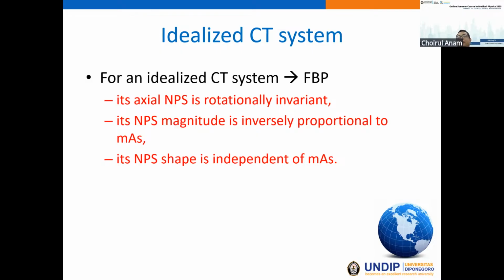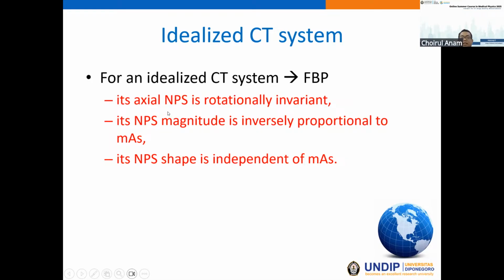The FPP can be called linear reconstruction, but the IR is non-linear reconstruction because the different MAS should have the same peak frequency, but in fact the peak frequency is shifted like this. So the IR is a non-idealized system, as opposed to the FPP.